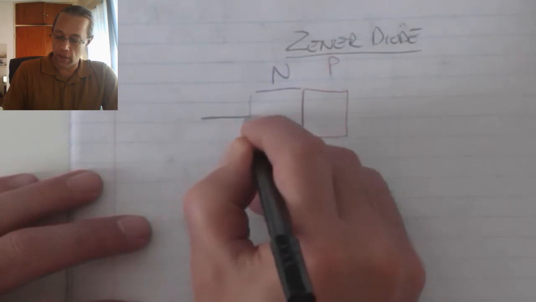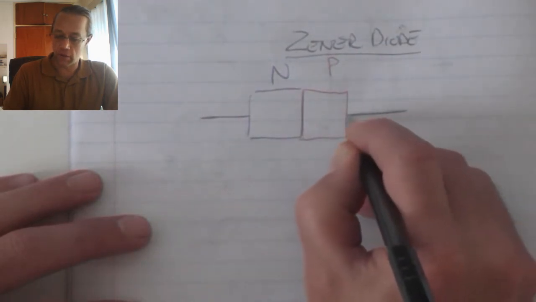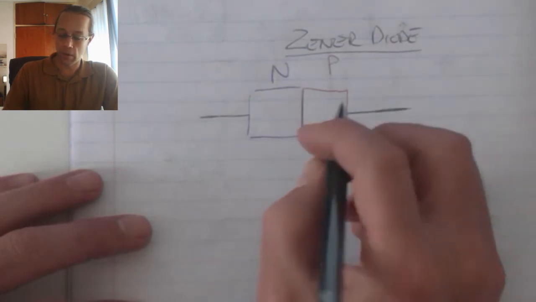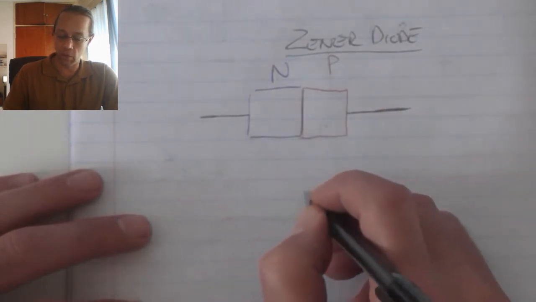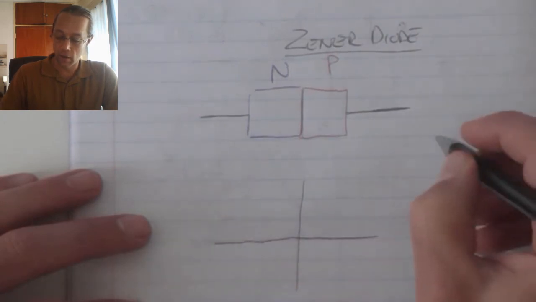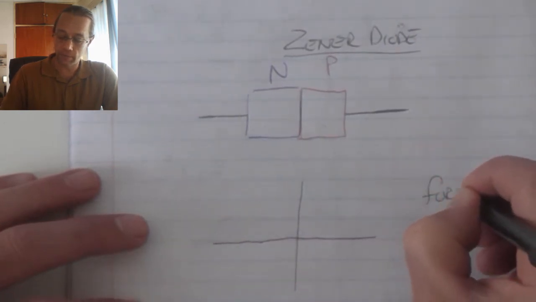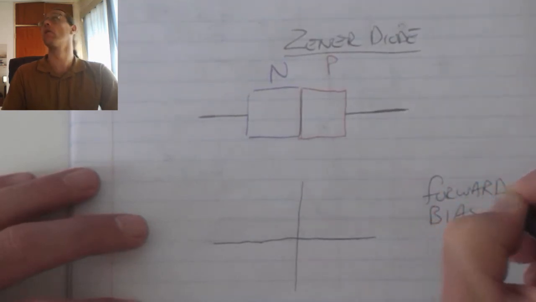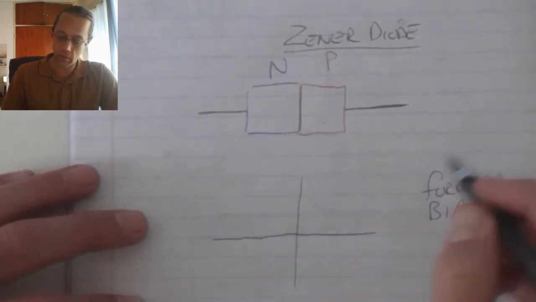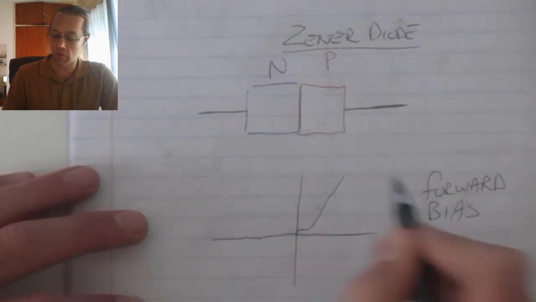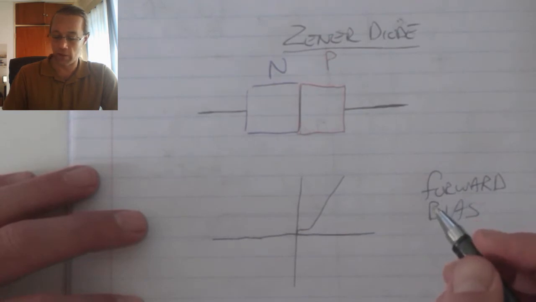So when we've got our p-n junction that forms up our Zener Diode, when we connect it in forward biased, we will see that it responds exactly the same as a normal diode would.